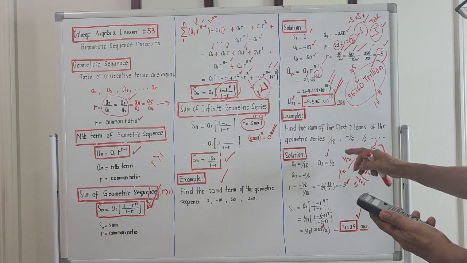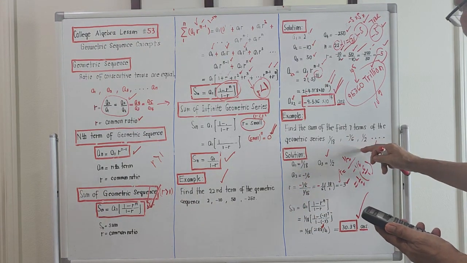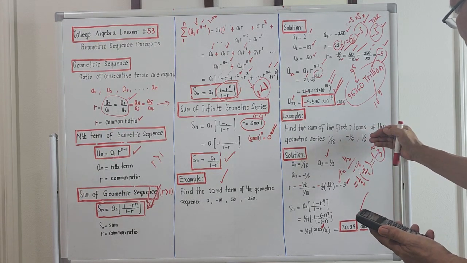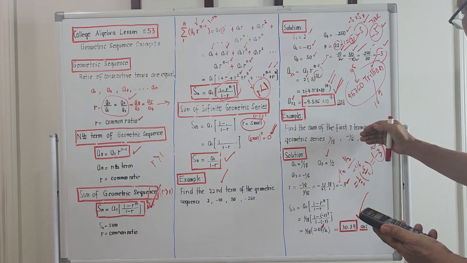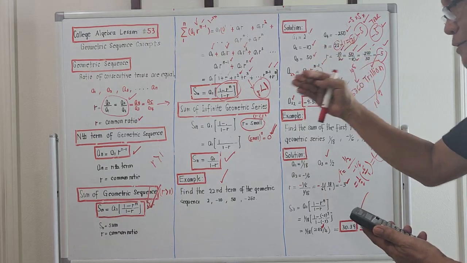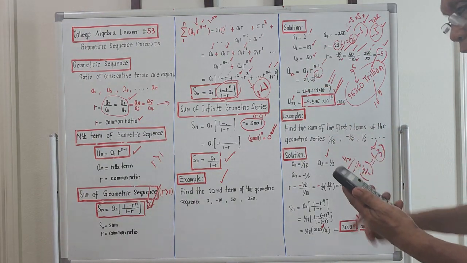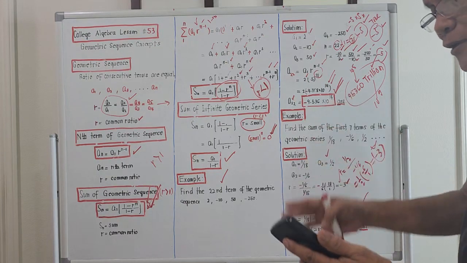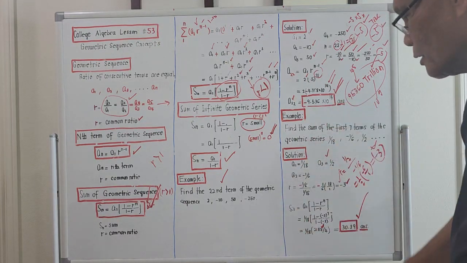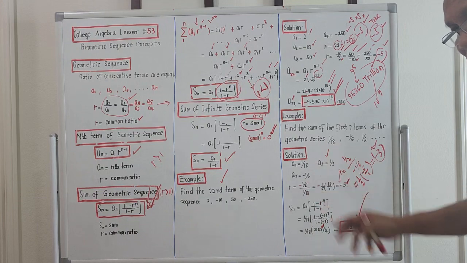I took 1/18 minus 16 plus 1/2 plus the 4 succeeding terms, carrying the proper sign. What comes out is 30.39. That's only the verification that we could bring out to check the validity of this answer.